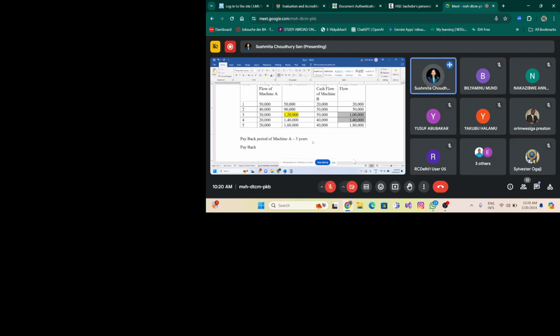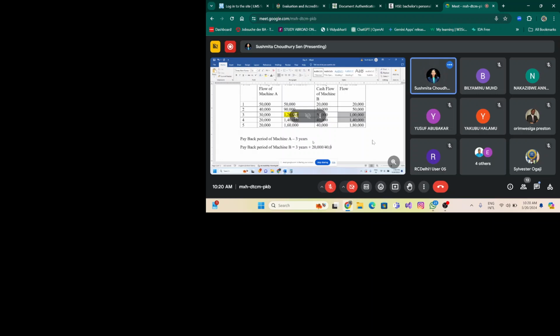The payback period of machine B will definitely be 3 years plus something in the fourth year. In the fourth year, instead of 1,20,000 I am earning 1,40,000. That means I am earning 20,000 extra. So 20,000 goes at the top, and at the bottom I will write the entire earning of the fourth year.